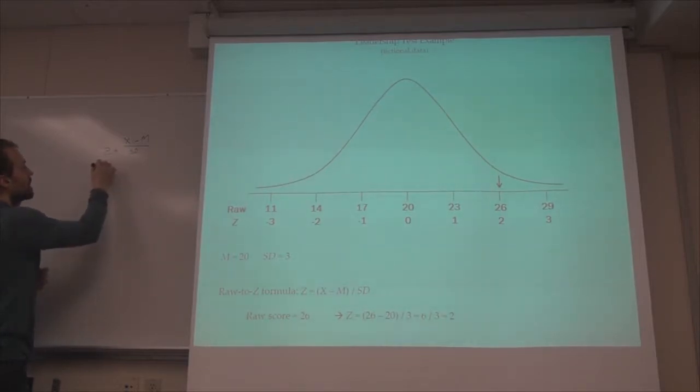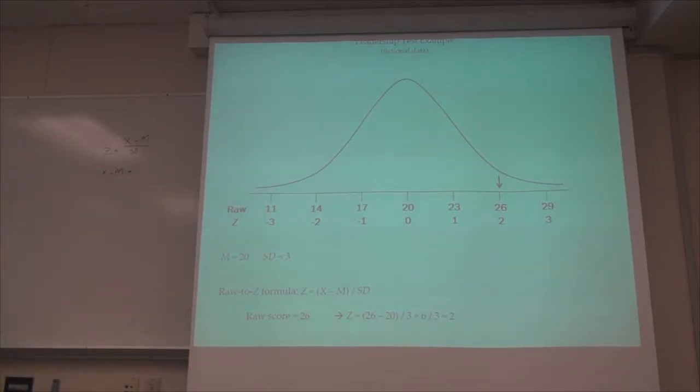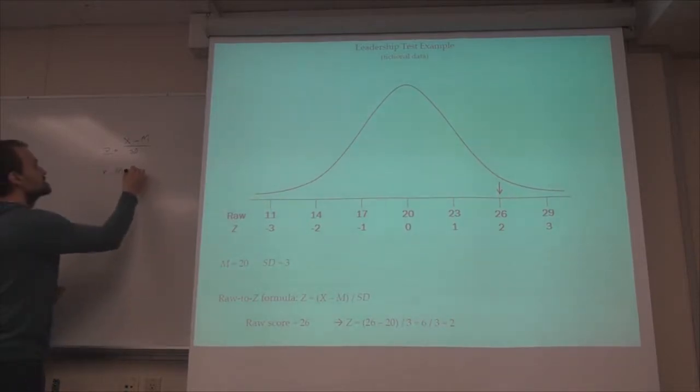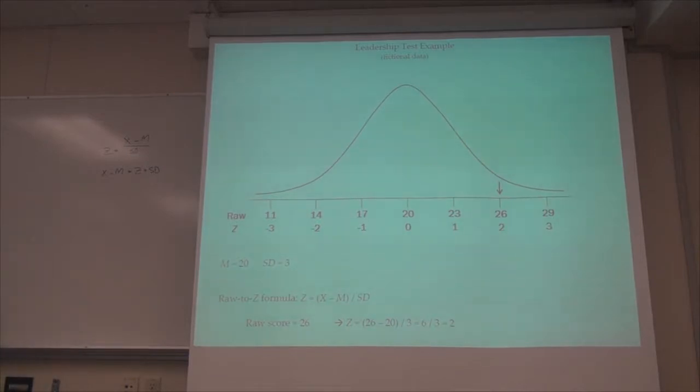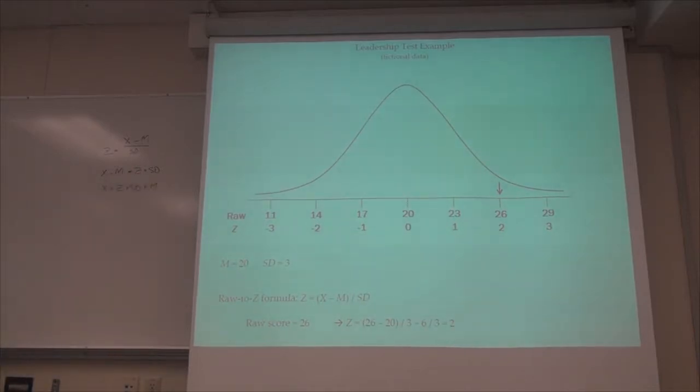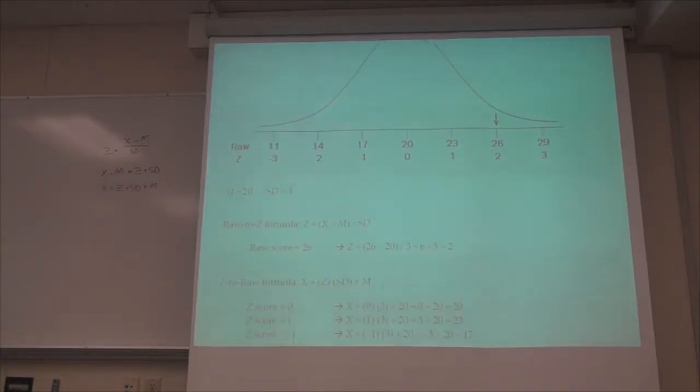From this I can multiply both sides by the standard deviation to get X minus the mean equal to Z times the standard deviation. Just multiplying both sides. And then add the mean on both sides to get that formula over there.